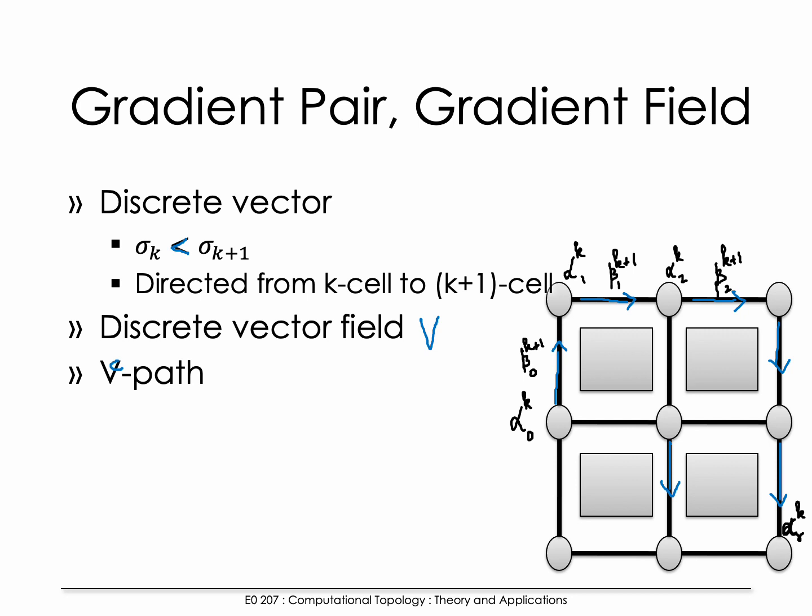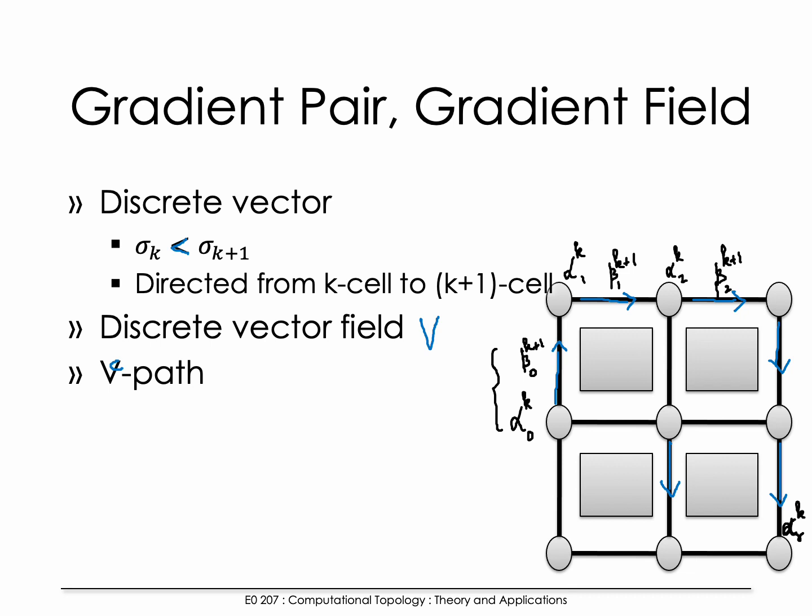Alpha sub i and beta sub i that are adjacent to each other form a discrete vector, and any two alpha and beta that are adjacent to each other in the path satisfy a face-coface property.